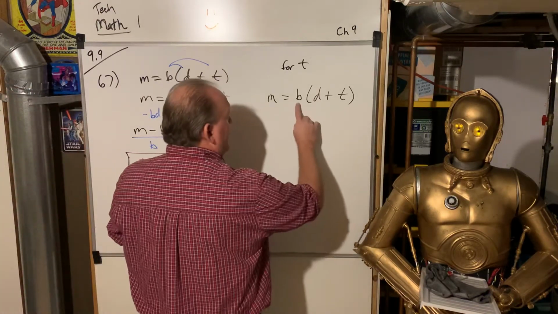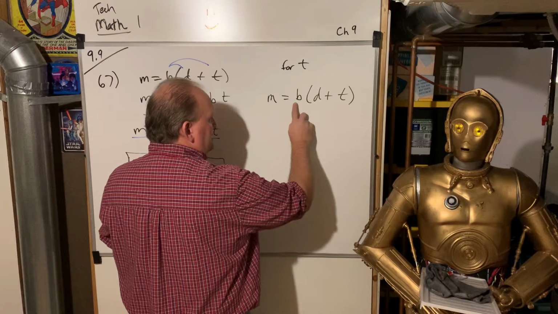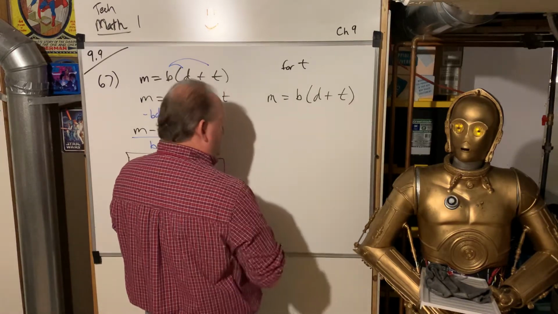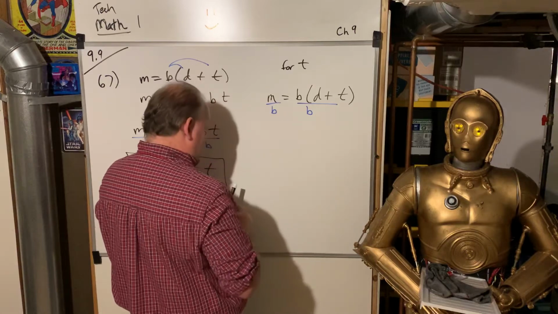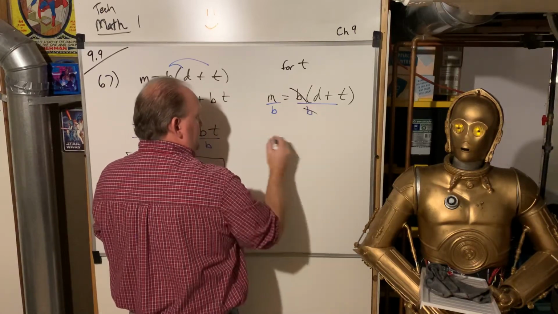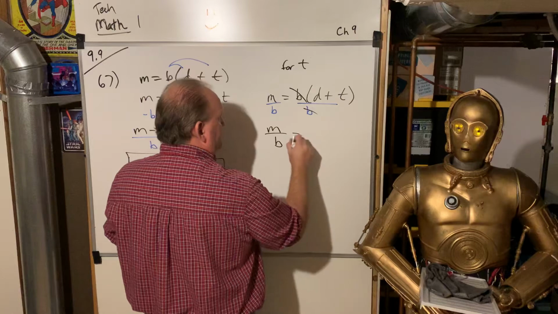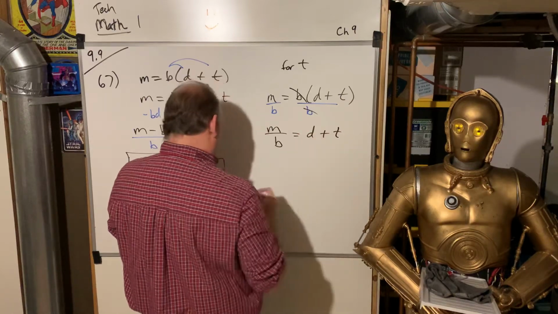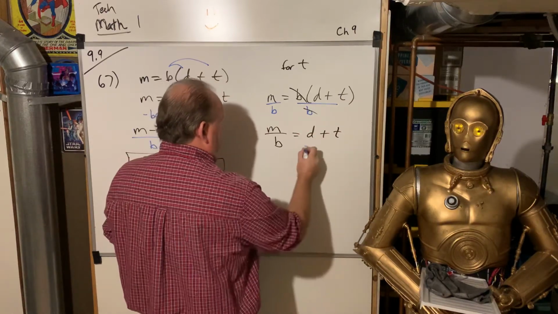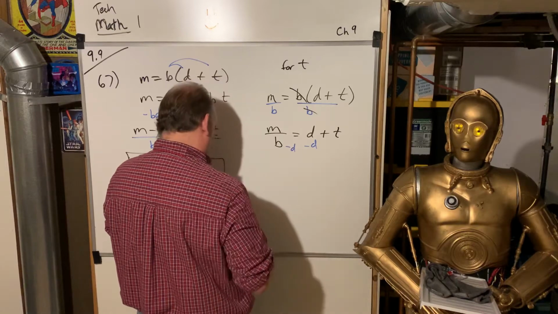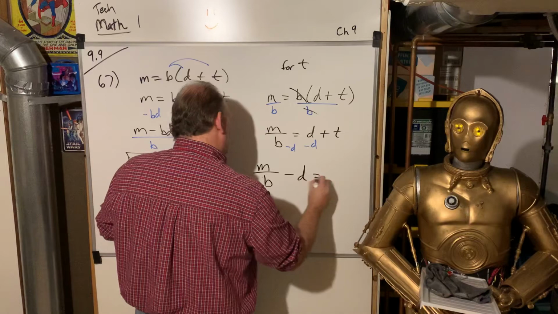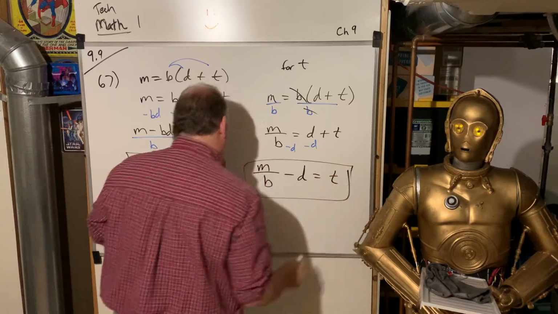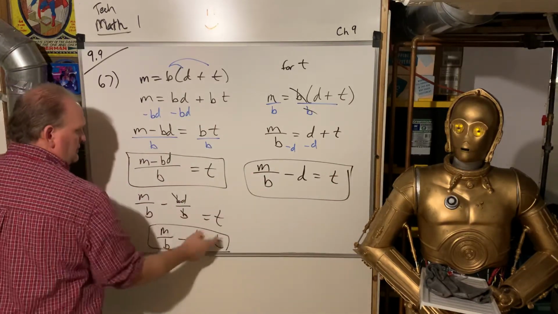Since t is the one that we're after, instead of complicating it by distributing, you could divide both sides by b off the bat. That gets rid of that. And then just subtract d from both sides. And we're right back to this answer.